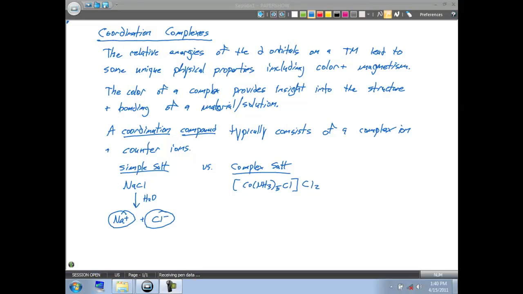So in this case, we see roughly the same thing that we observe with NaCl, where we have a cation over here, which is this big, large transition metal complex, and we have an anion over here. They are going to charge balance to make a salt. It's the same exact concept going on here, except our cation is much, much larger.